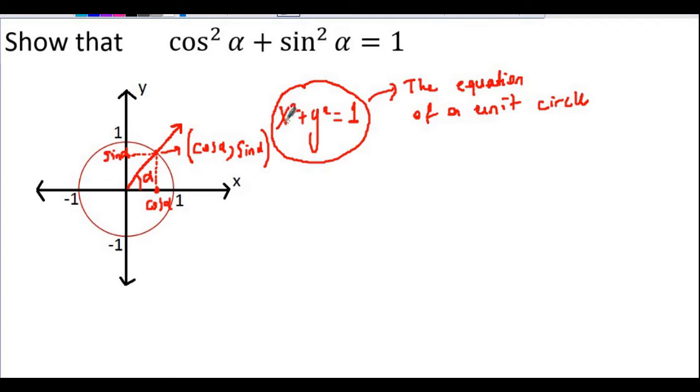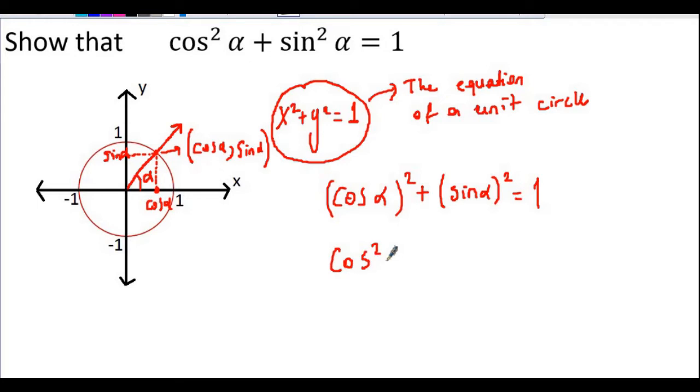So instead of x, I write cosine of alpha squared plus, instead of y, sine of alpha squared is equal to 1. Another way of writing this is cosine squared of alpha plus sine squared of alpha is equal to 1.